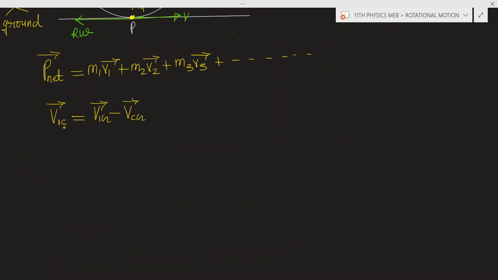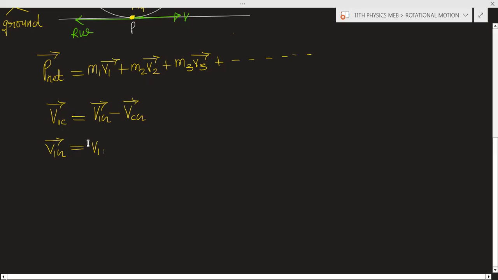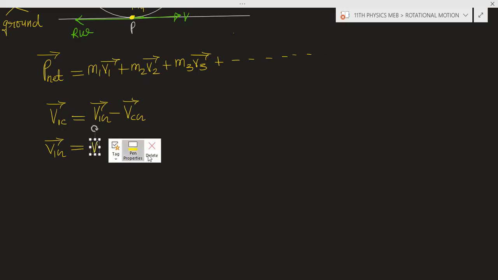From here we can find velocity of mass 1 with respect to the ground is equal to velocity of center of mass with respect to ground plus velocity of mass 1 with respect to center of mass.